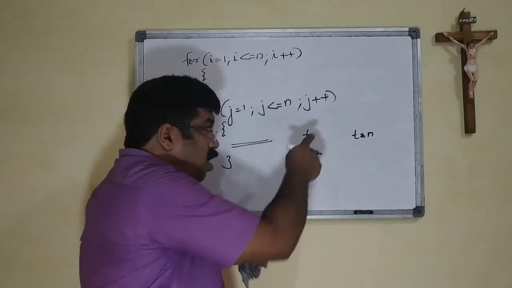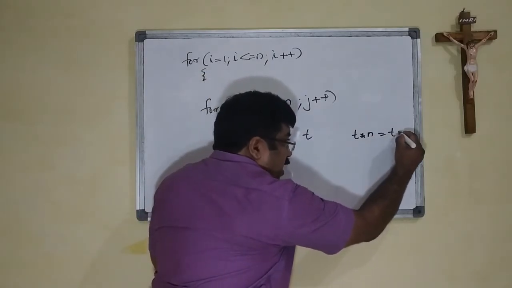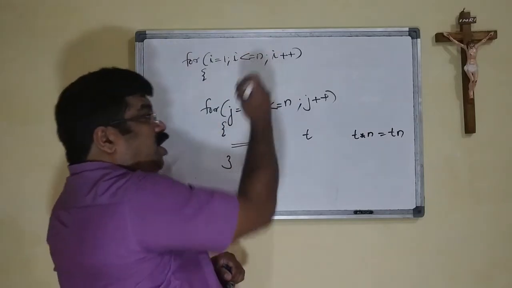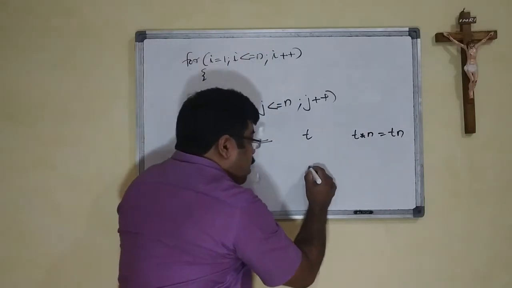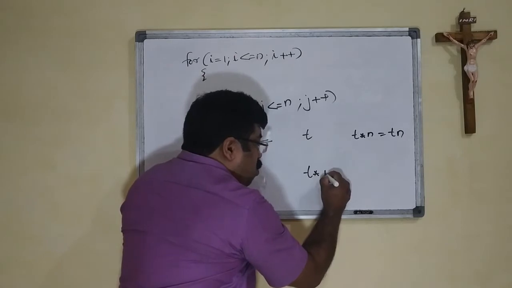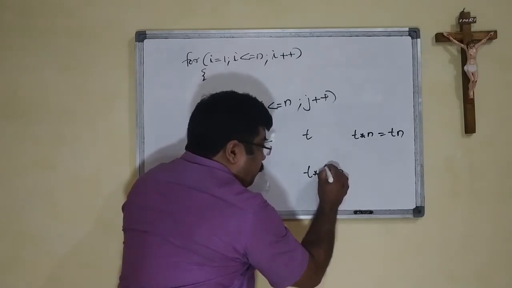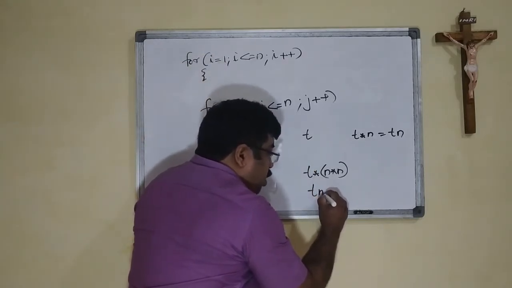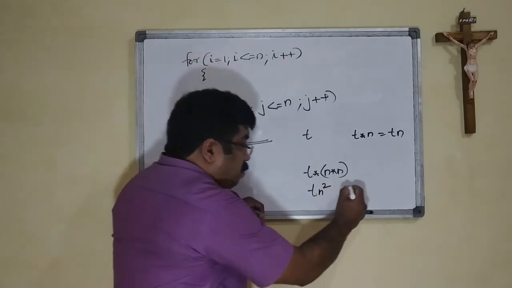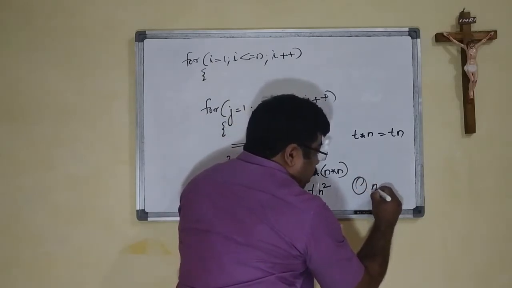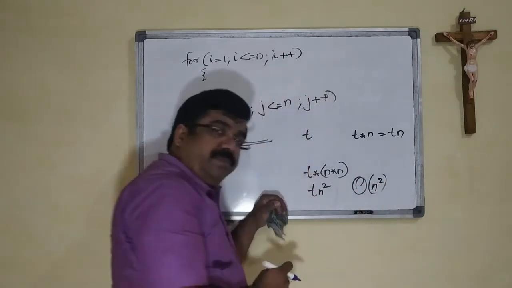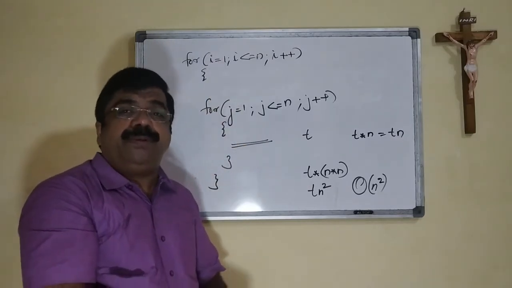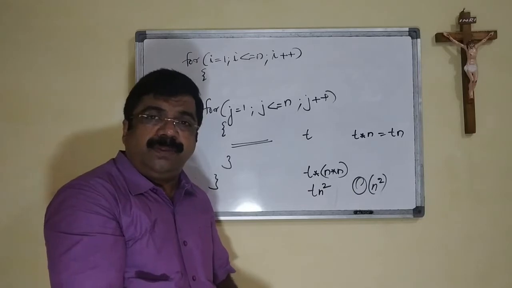Alright. Now we say that it is tn. When it is in the nested loop, this will be working as t into n square, that is n into n. That means we say it as tn square, or simply we say that it is O(n square), the complexity of a nested loop. Clear?